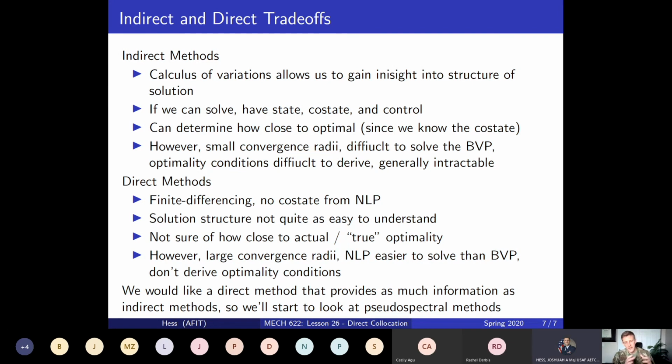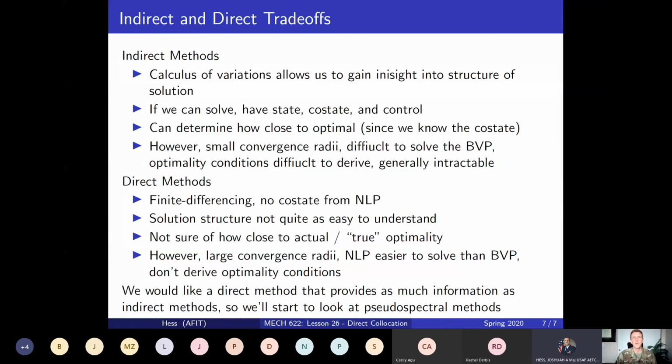When we use indirect numerical methods, where we derive those necessary conditions and try to solve a two-point boundary value problem, the Hamiltonian boundary value problem, we talked about states and co-states, right? It's going to be unstable in either backward or forward time.